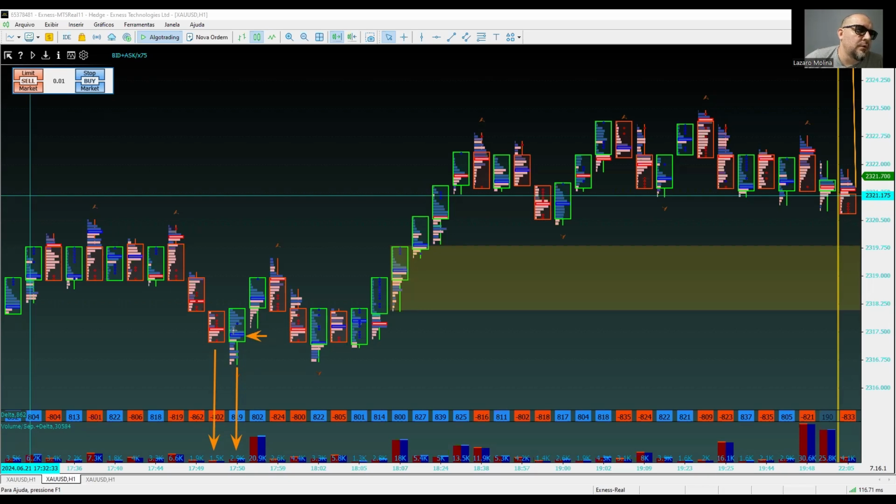So 1, 2, 3 levels above, you could put your buying trade and you finish with your take profit near this point of control or 1 or 2 levels above, okay? Would be a very good trade with a good profit to you.